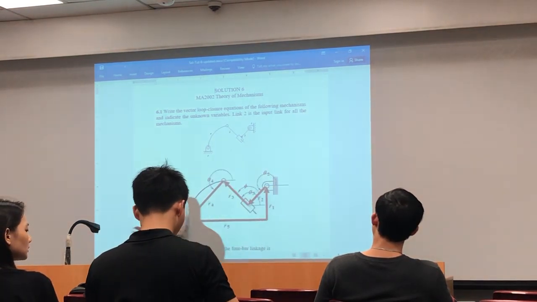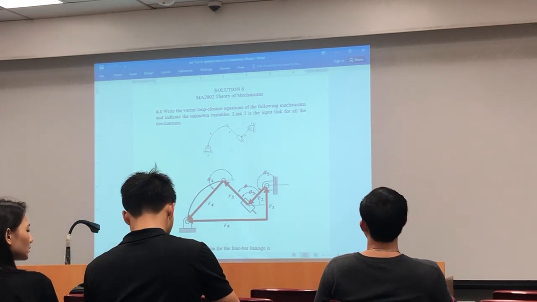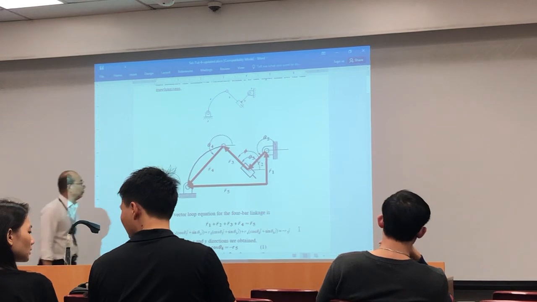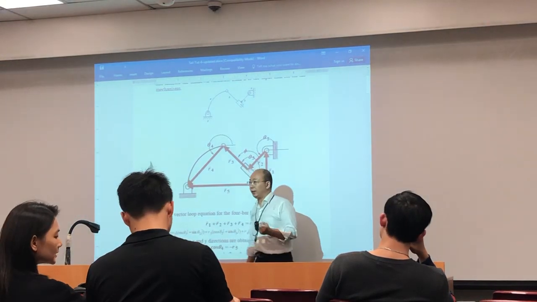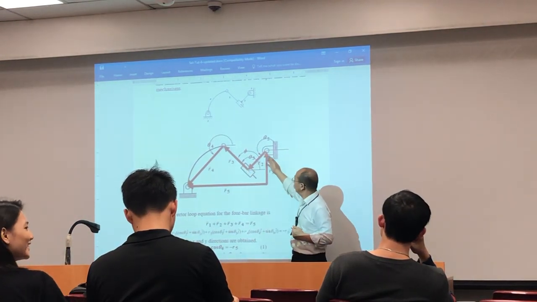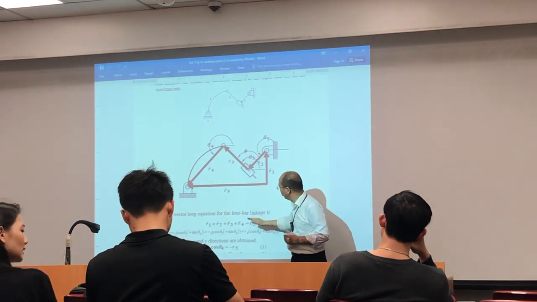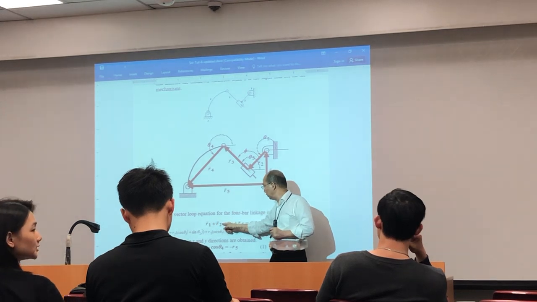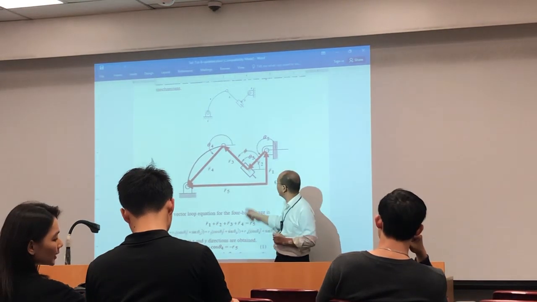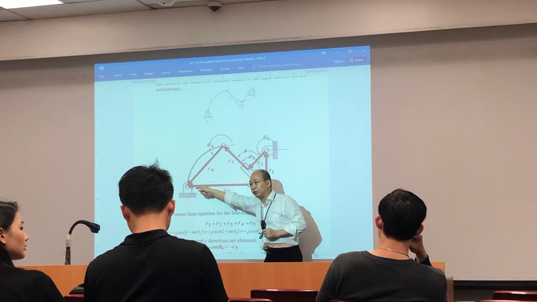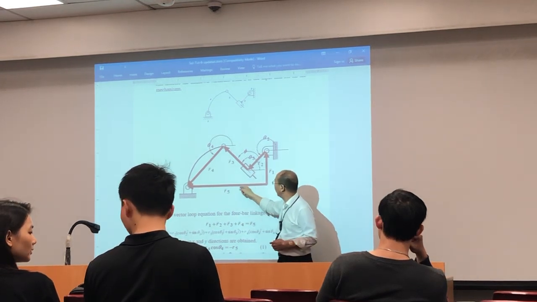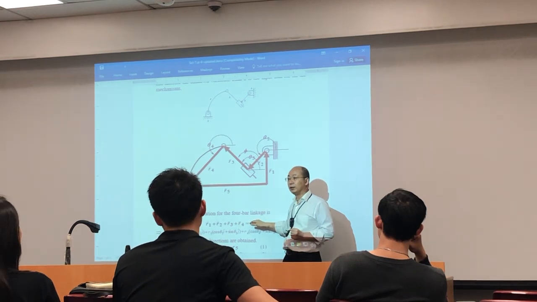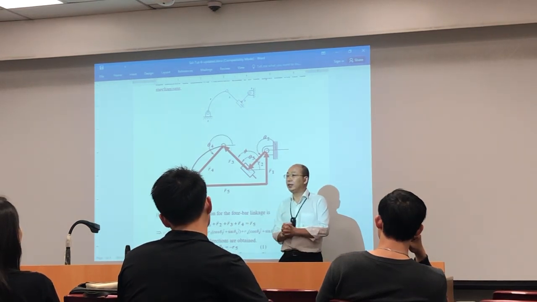So from this vector loop, we can write this vector loop equation: R1 vector plus R2 vector plus R3 vector plus R4 vector, because they are in the same flowing direction, equal to R5 vector, correct? Remember, this is a vector equation.